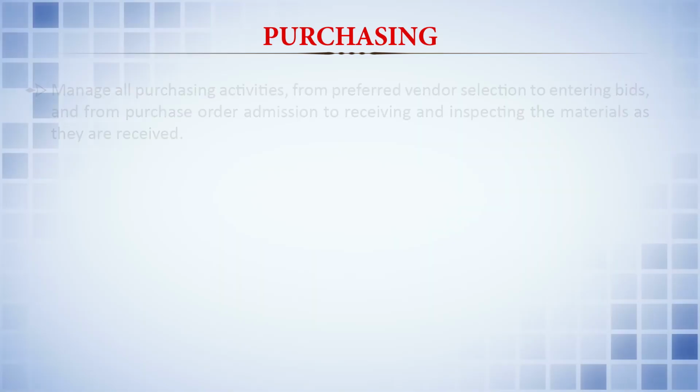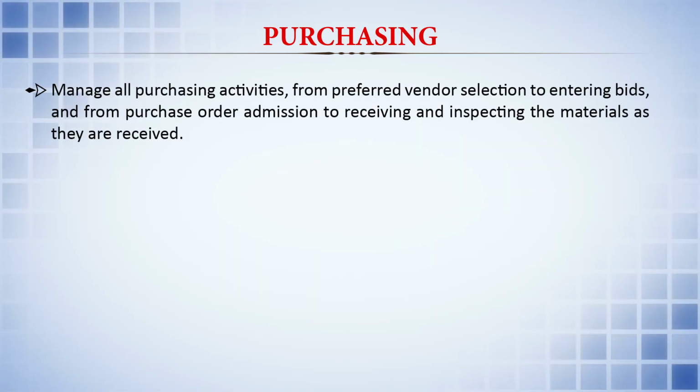So, another important module we can talk about is the purchasing module, to manage all purchasing activities from the preferred vendor selection to entering bids, and from purchase order admission to receiving and inspecting the materials as they are received.